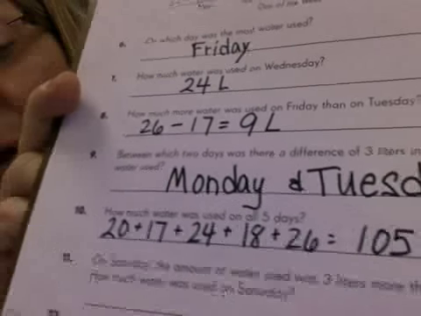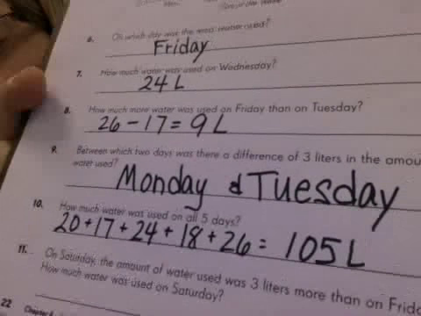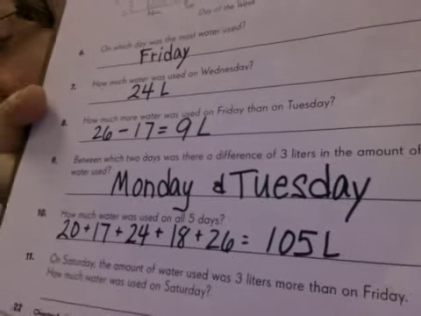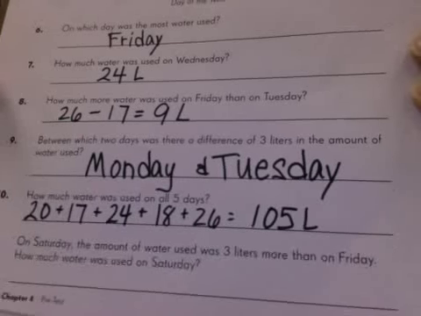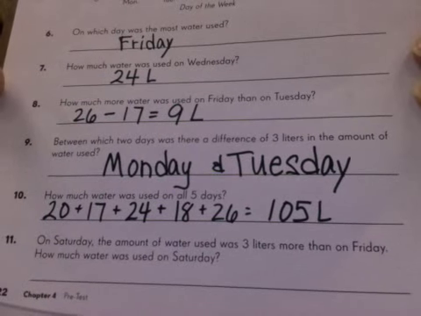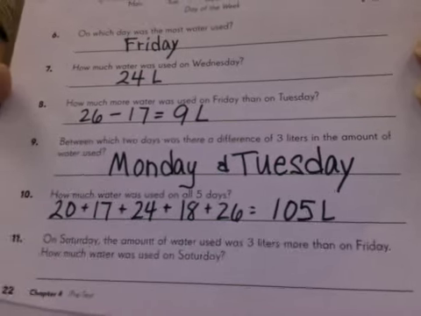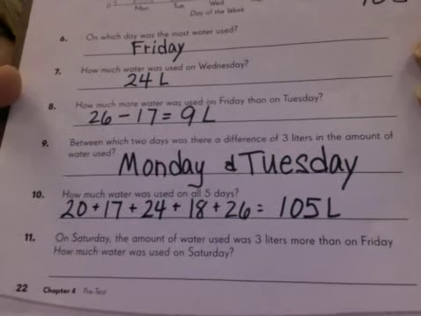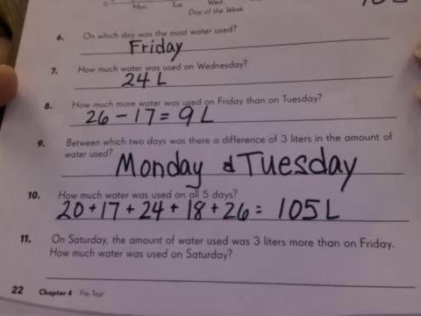So the instructions said, on Saturday, the amount of water used was 3 liters more than. To me, that says we need to add. Let's take Friday's amount and add 3 liters to it. And that way we will know how much is used on Saturday. So Friday's amount was 26.